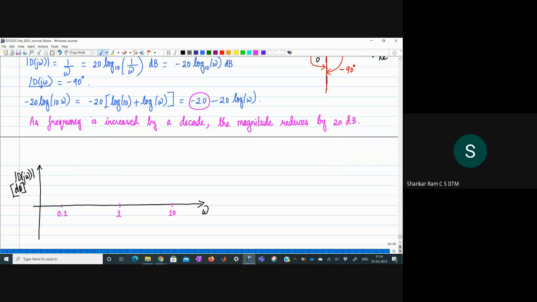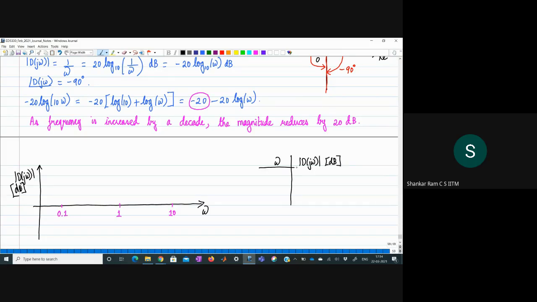We can immediately see that since we are using a logarithmic scale, we can essentially observe that the gap between 0.1 and 1 is equal to the gap between 1 and 10. All right, so please remember that, right? So now, if we want to essentially plot or calculate the magnitude of this factor, D of j omega in decibels.